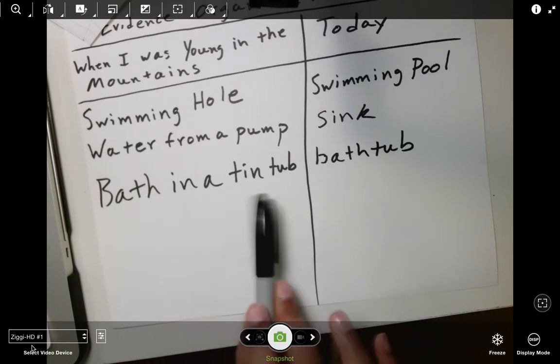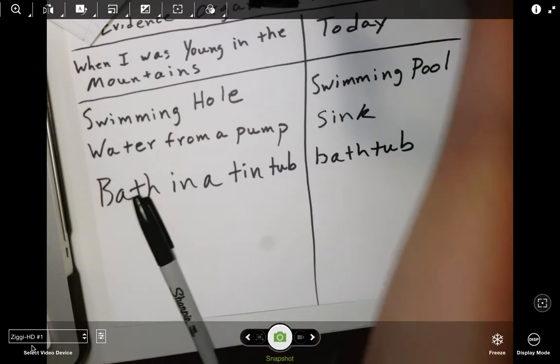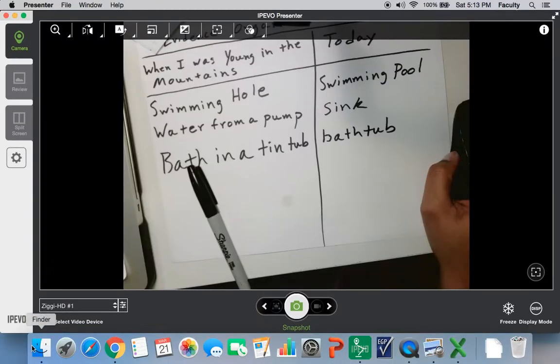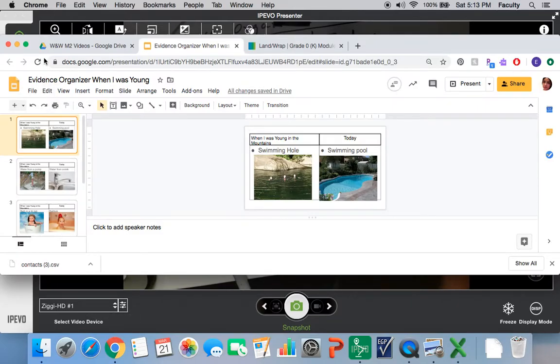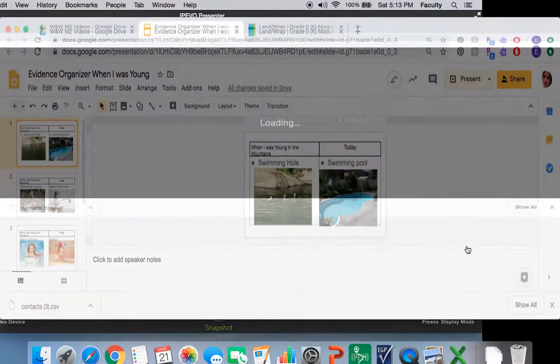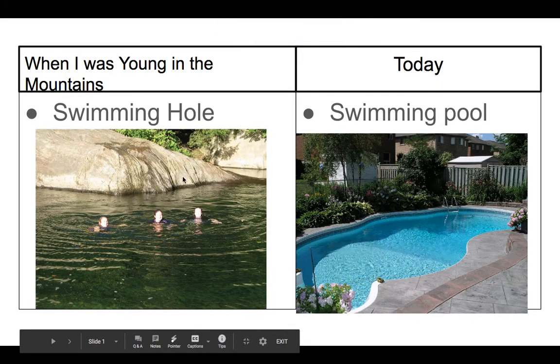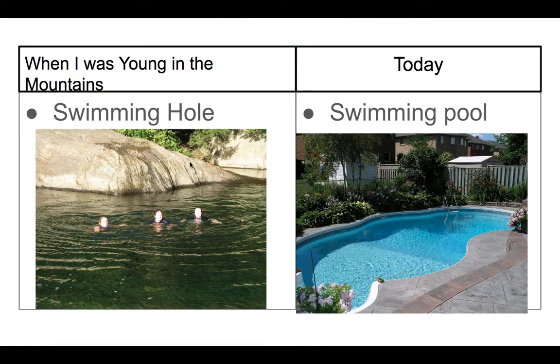Writing it down on either side. And now, let's think about seeing it a different way. Let's check it out in this. So, when I was young in the mountains, we had a swimming hole. That's where they were.